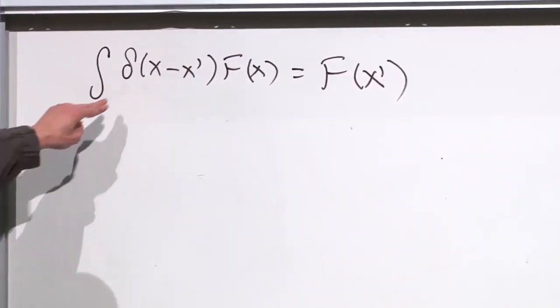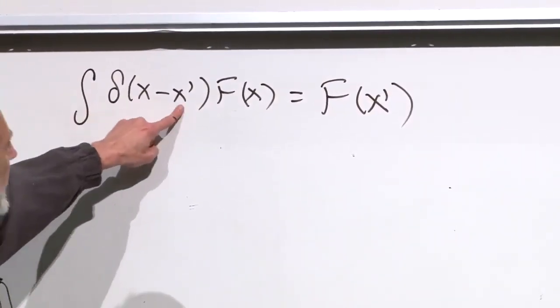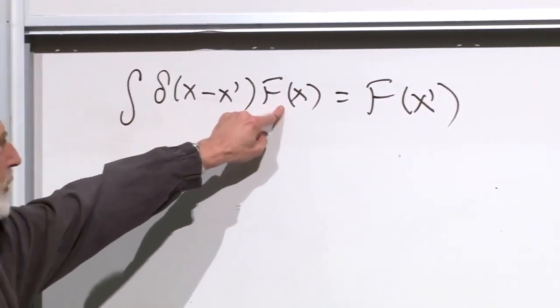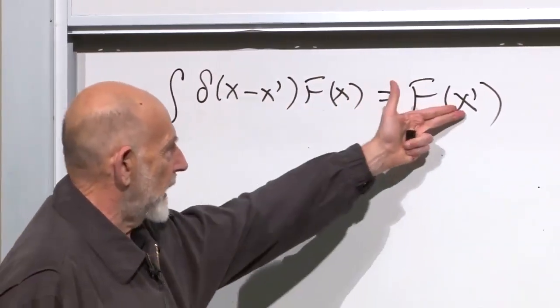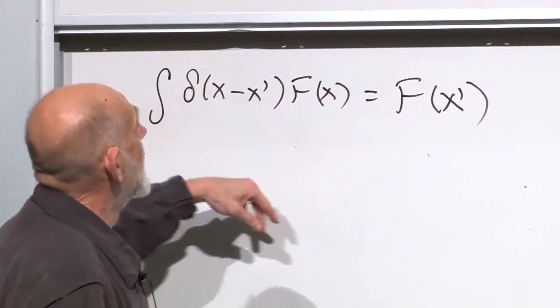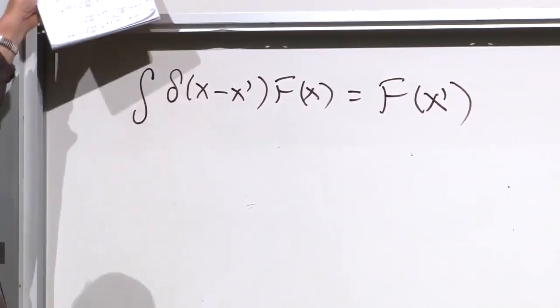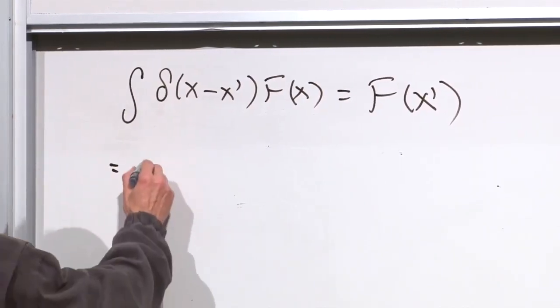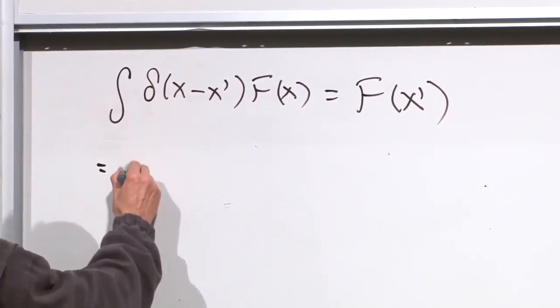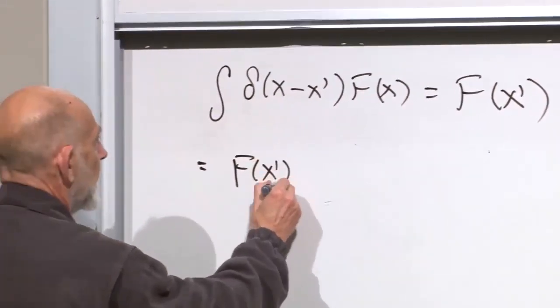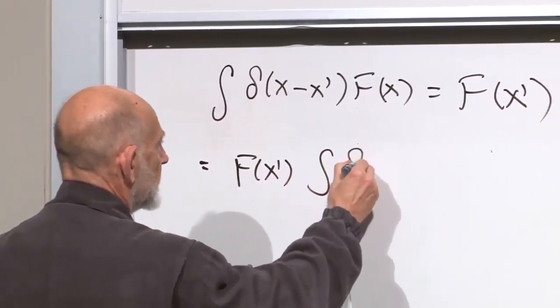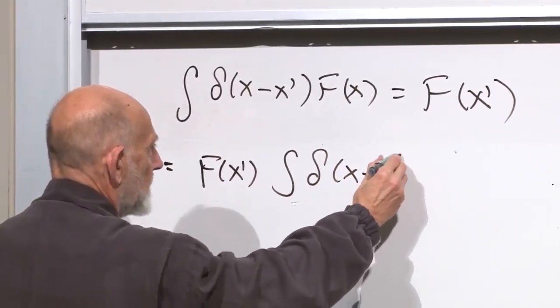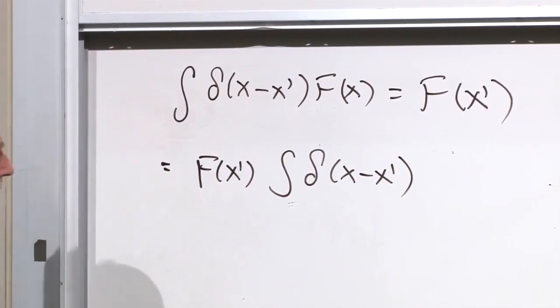One is that the delta function is only non-zero when x is equal to x prime, and so it picks out the value x prime in f of x. Or you can use property number 1 to rewrite this in the form f of x prime times the integral of delta of x minus x prime dx.